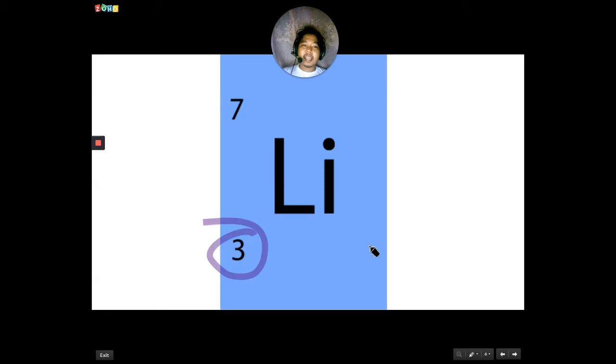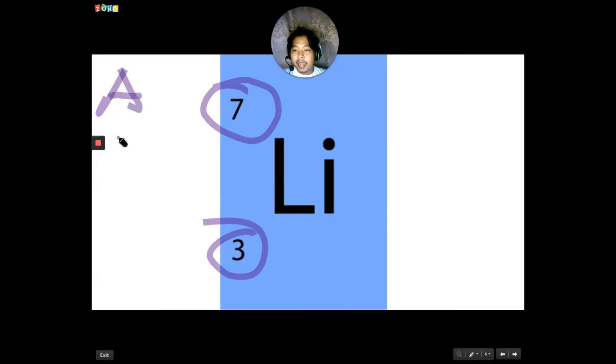What else can we get from this illustration? Since we learned that the upper left corner is your mass number or your letter A, and letter A is just equal to the proton plus your neutron, we can manipulate the equation. But hopefully you can follow. I know that my proton is 3. Now, how can I get my neutron?